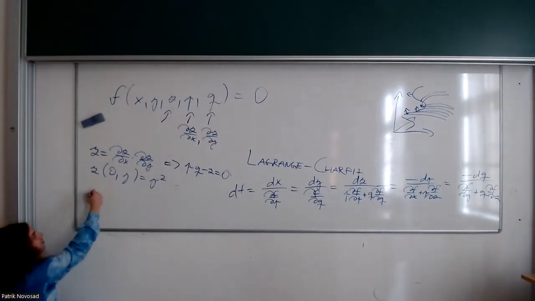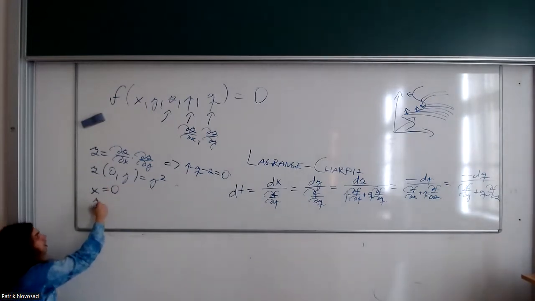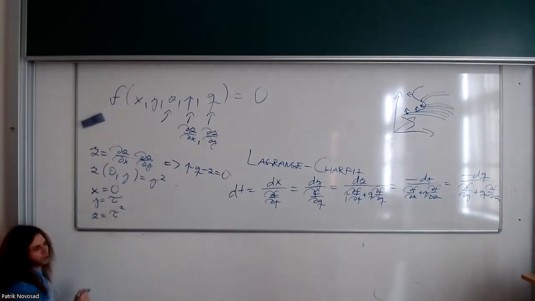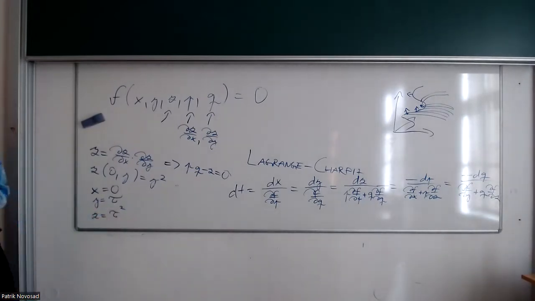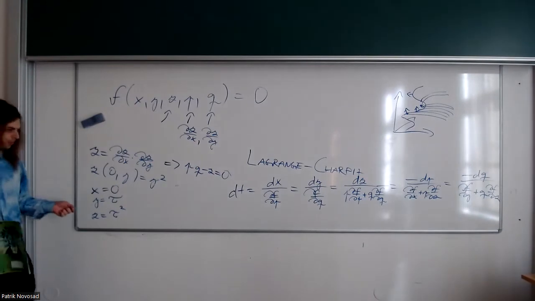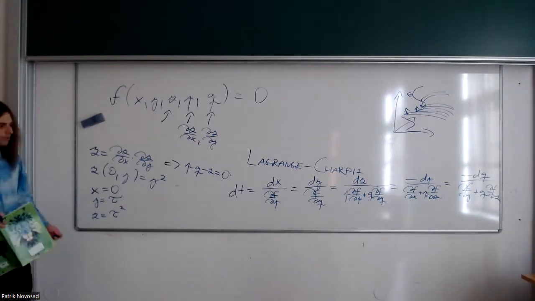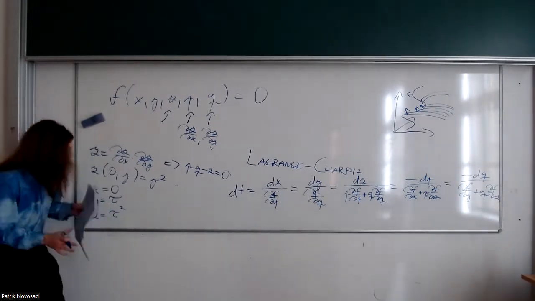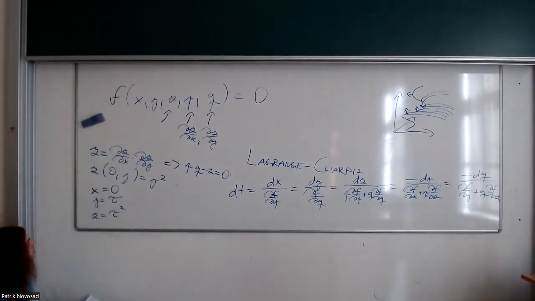Here, of course, x will always be 0, y will be some kind of parameter tau, and then z will be just tau squared. And this system of equations represents, in a parametric way, this initial condition.